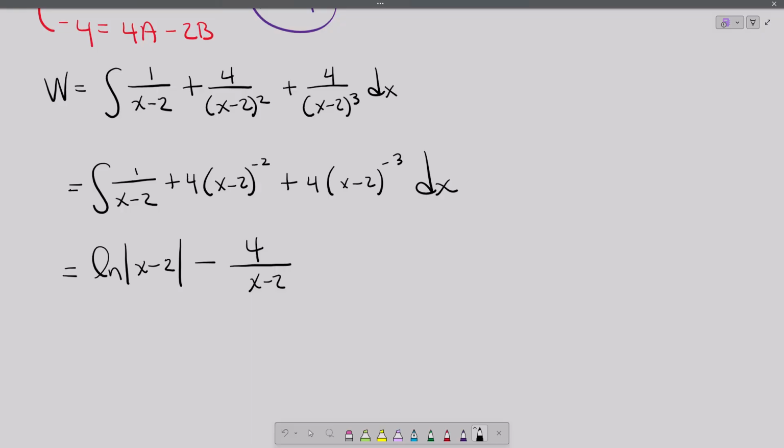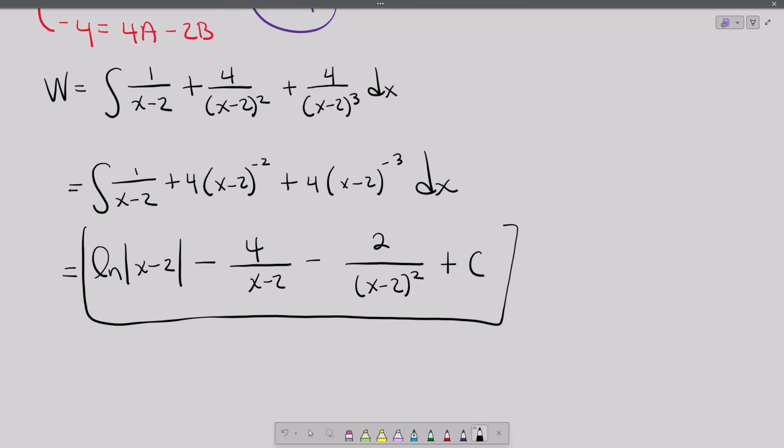When we divide by negative 1, that plus becomes minus. This one, add 1 to the exponent, we get negative 2. So we add 1, get negative 2, divide by negative 2, and it makes the coefficient out in front negative 2. So we'll put that like that, plus C.